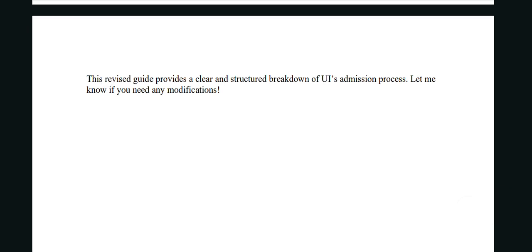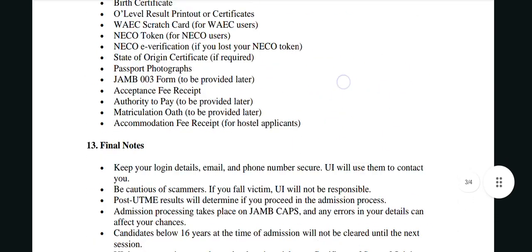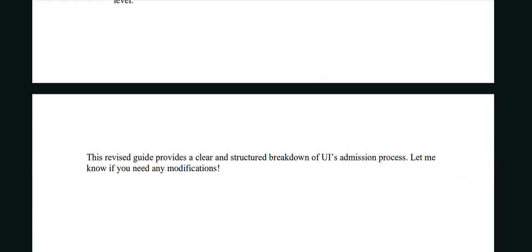So if you need any modification to this, maybe you have a special issue with any of this process, that's when you can let me know. And by modification, I mean you need a special mentorship or you need consultation.